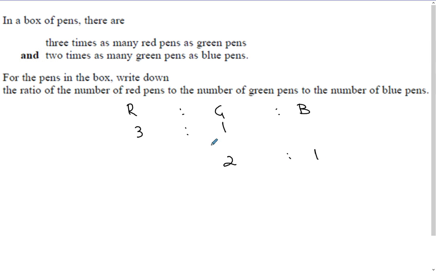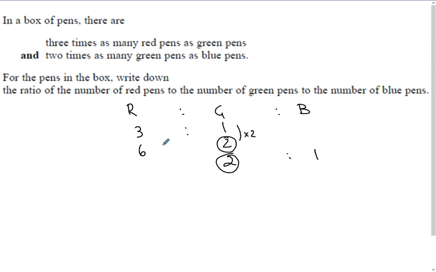In a previous question, remember I said if there was 1 there and 2 there, then find the lowest common multiple. So if we made that 2 to be the same as that, we've multiplied that by 2. So now we multiply that by 2, so we'll get 6.